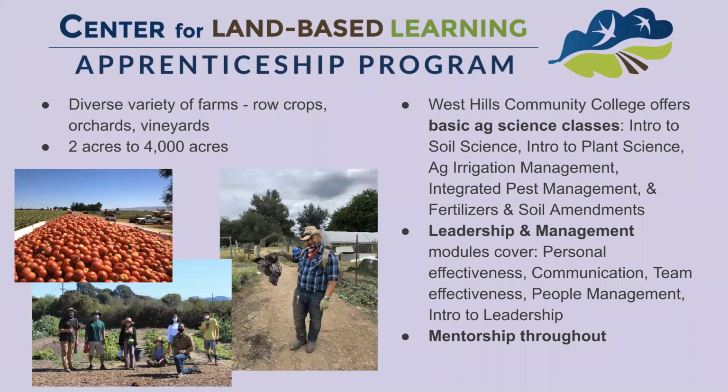So apprentices don't pay for tuition or books or fees. And so we've partnered with a well-respected ag college in Southern California, actually, which is offering the basic ag science classes that are listed here. And we've also been working with an agricultural leadership organization to develop a leadership and management curriculum that all the apprentices will take together over 1 year as a cohort.